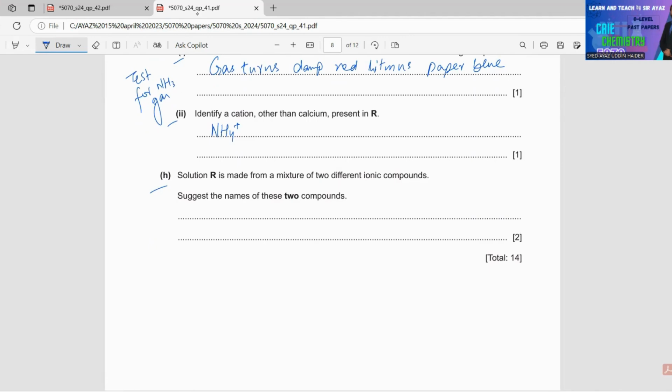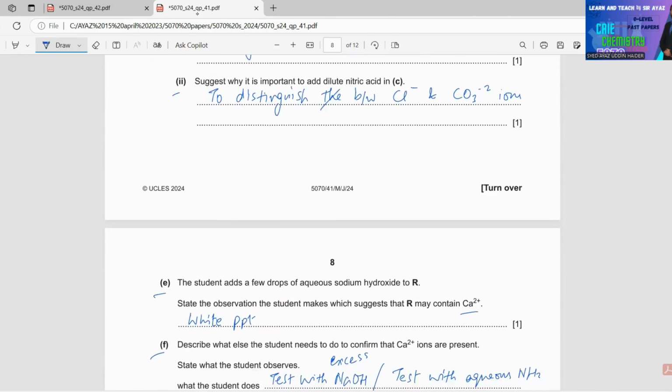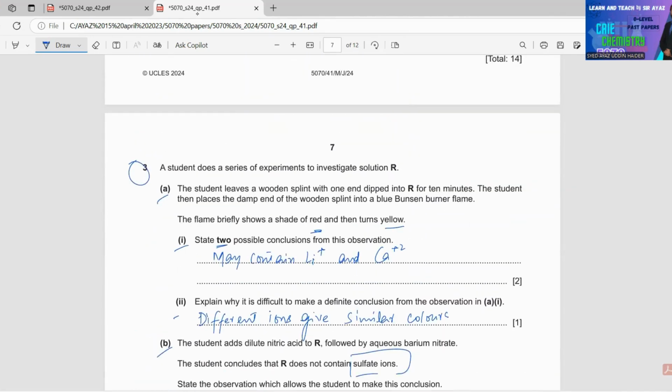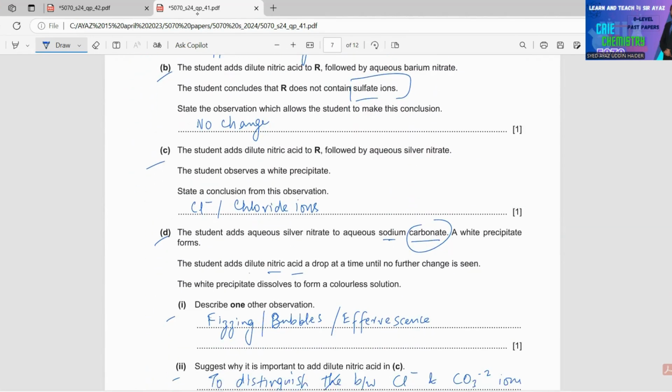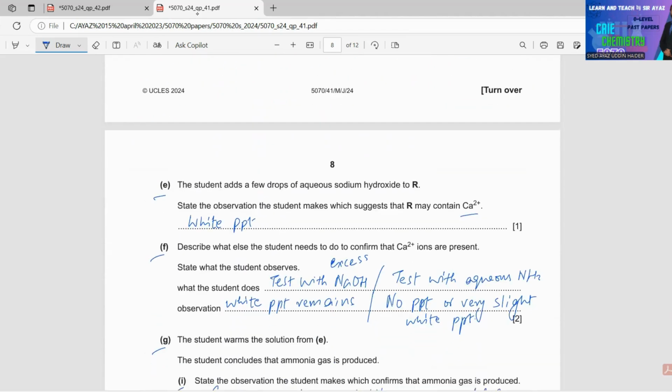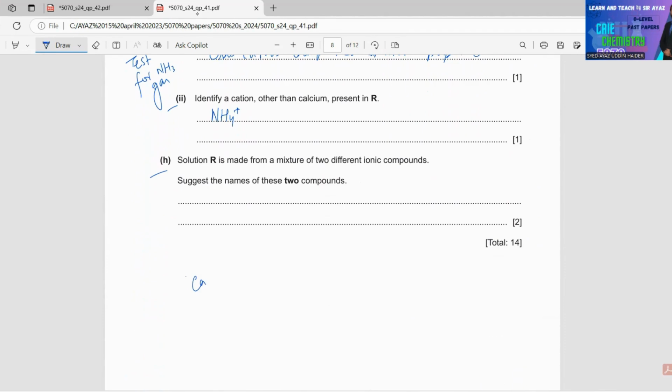So far we are having these ions. I'm talking about R. So we have Ca 2 plus ion, ammonium ion, and Cl negative ion.